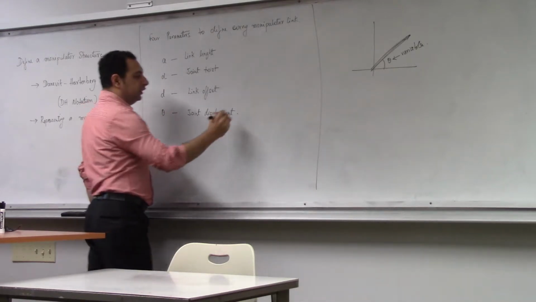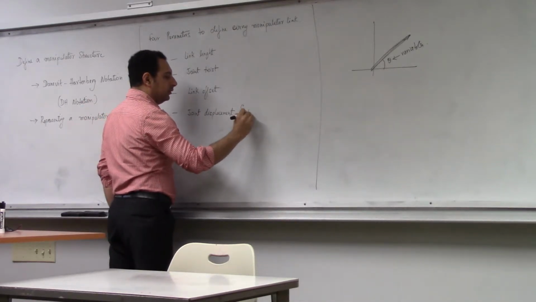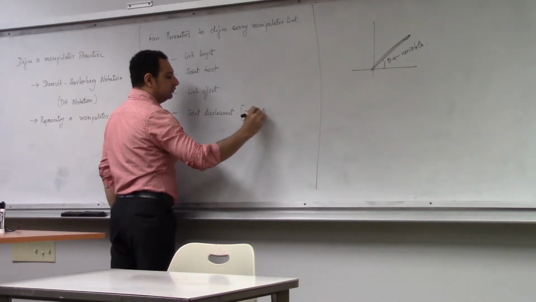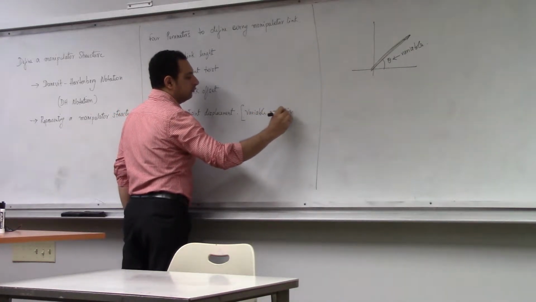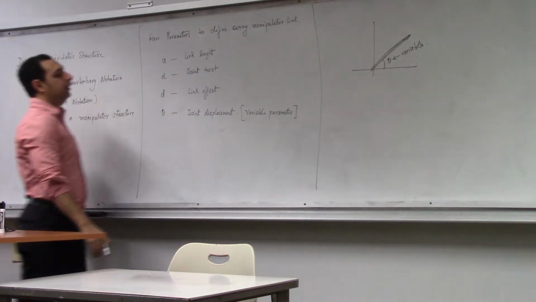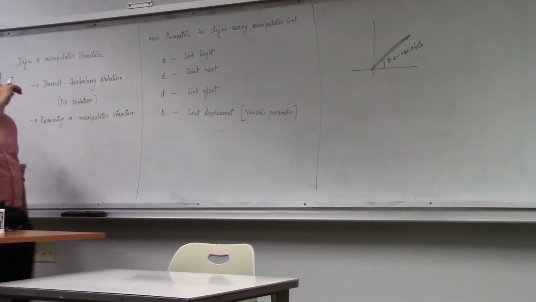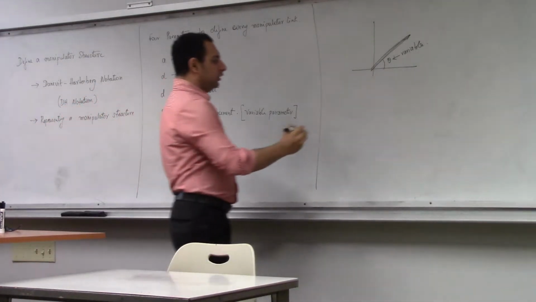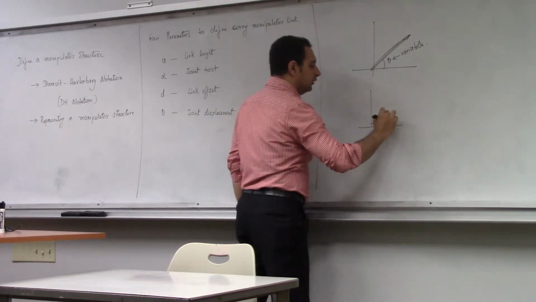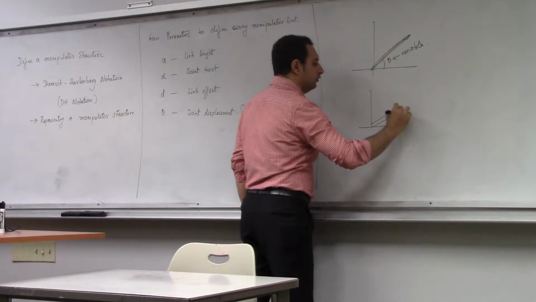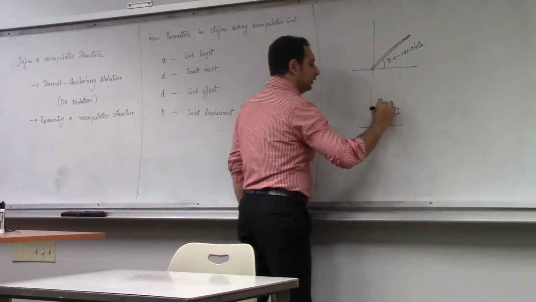In the case of a joint displacement, theta is a variable parameter. When you talk about a prismatic joint, let's say I have a joint like this, and then you have a joint which is moving in this direction, d.